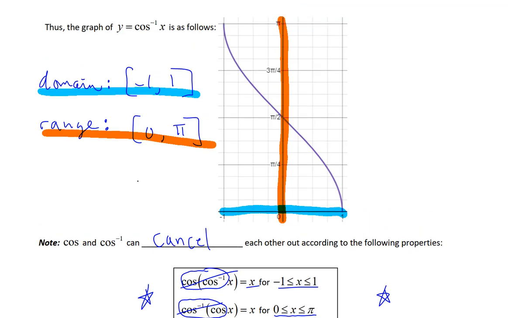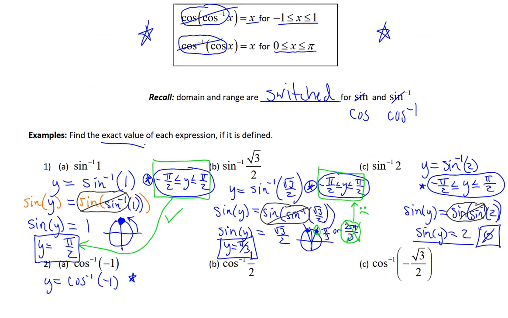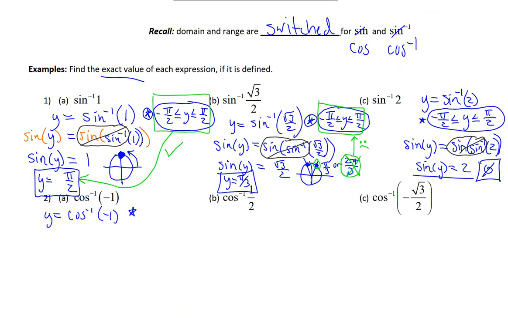We have our cosine inverse function defined here previously, and the range was from 0 to pi. Remember, that was cut differently than the sine function. So that means in this expression, we're still going to say y equals cosine inverse of negative 1, but now we'll say that y is greater than or equal to 0, but less than or equal to pi.